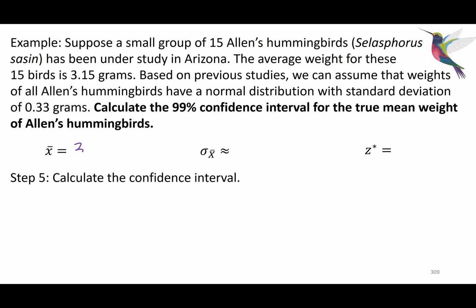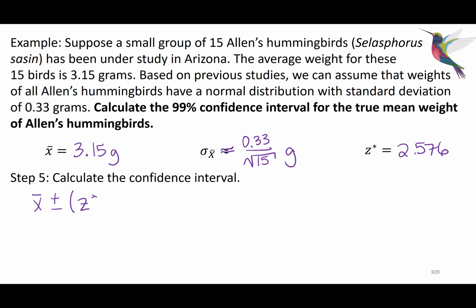So just to put it back here, I'm going to make it 0.33 over root 15 here. 3.15 grams, technically grams, 2.576. So calculate the confidence interval. It's going to be x bar plus or minus z star times sigma of x bar.